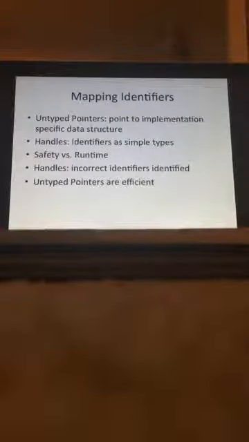We have two ways of mapping identifiers to the data structures that store per-client state: untyped pointers and handles. Untyped pointers are identifiers that the server object initializes to point to an implementation-specific data structure and casts to the appropriate type on each such invocation.